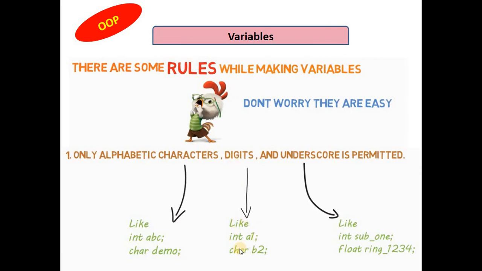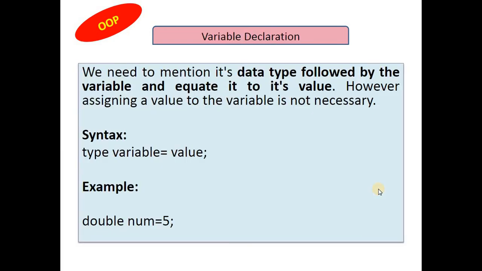Digits are allowed, like int A1, char B2, and underscore is also permitted, but the name should not start with a digit. Like in int, 1A is not permitted. It has to start with a letter, like int A1. Underscore is permitted like int sub_1, float ring_1234. So this is permissible. These are the rules for making a variable.